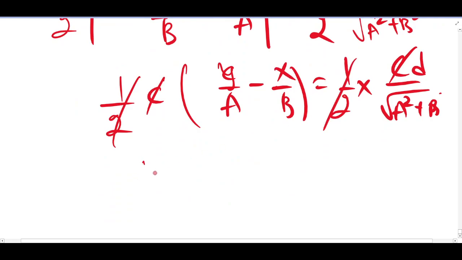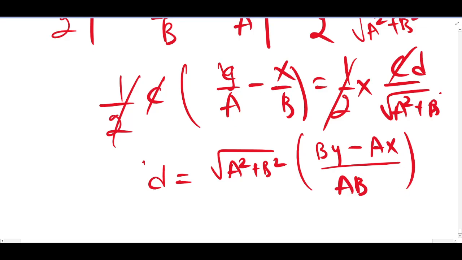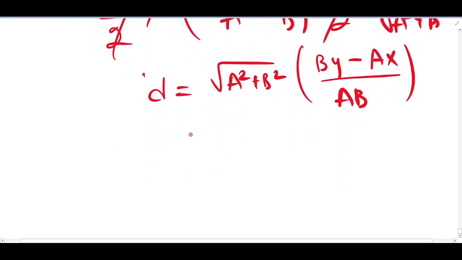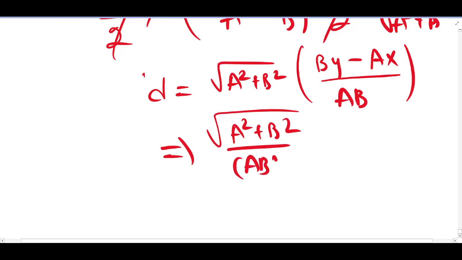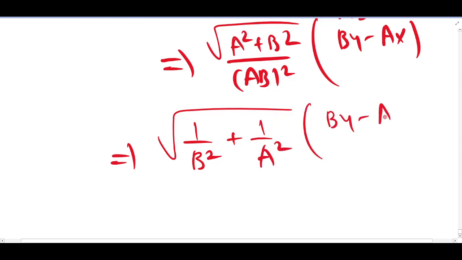So we get the distance d equal to root of a square plus b square and by minus ax divided by ab, or we can write it as root of a square plus b square divided by ab whole square into by minus ax, or root of 1 by b square plus 1 by a square into by minus ax.